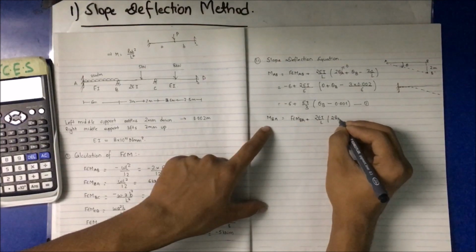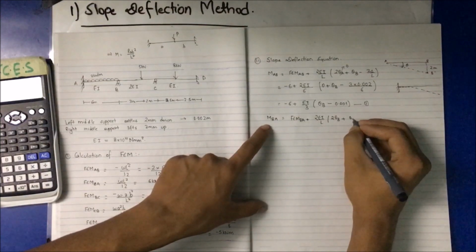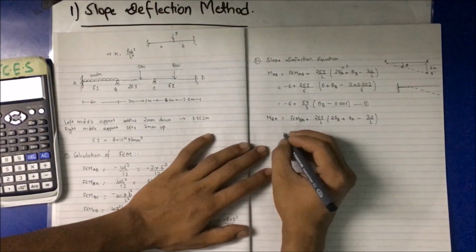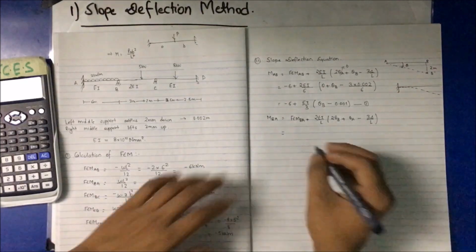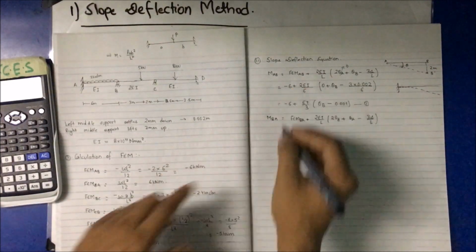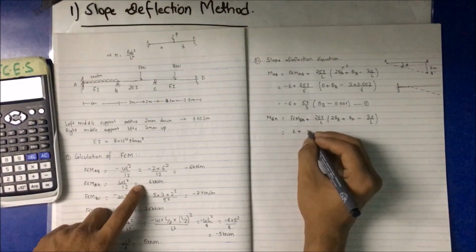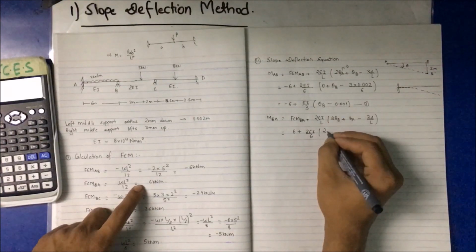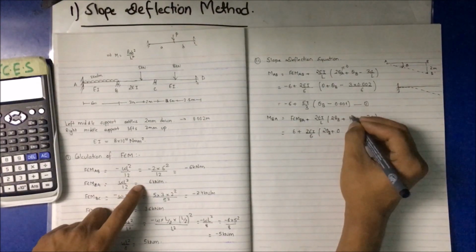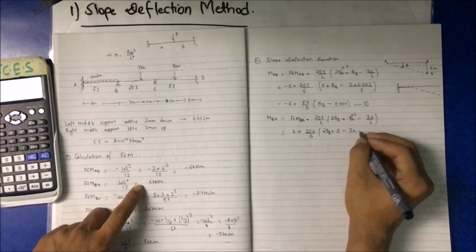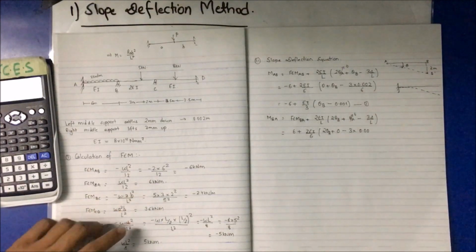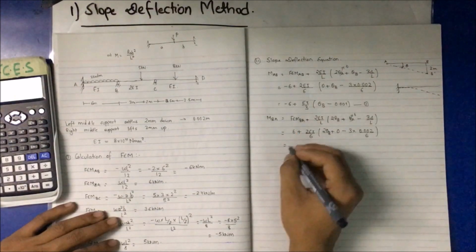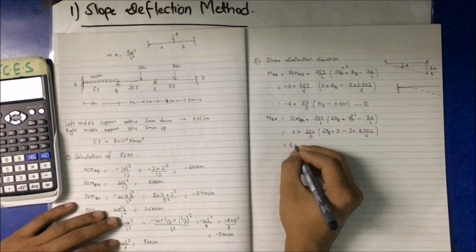So 2 theta B plus theta A minus 3 delta by L. Fixed end moment BA, we have calculated it, 6 kilonewton meter. 2EI by 6, 2 theta B, theta A will be 0, minus 3 into displacement 0.002 by 6, and we get same to this but with some change in negative sign.